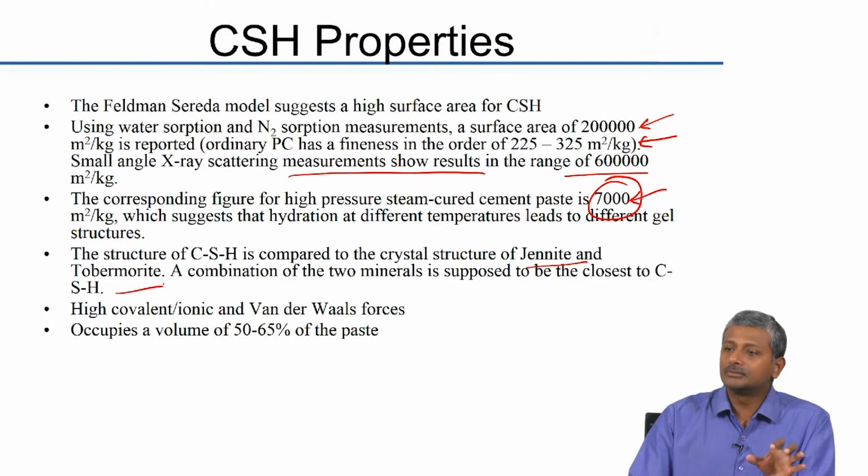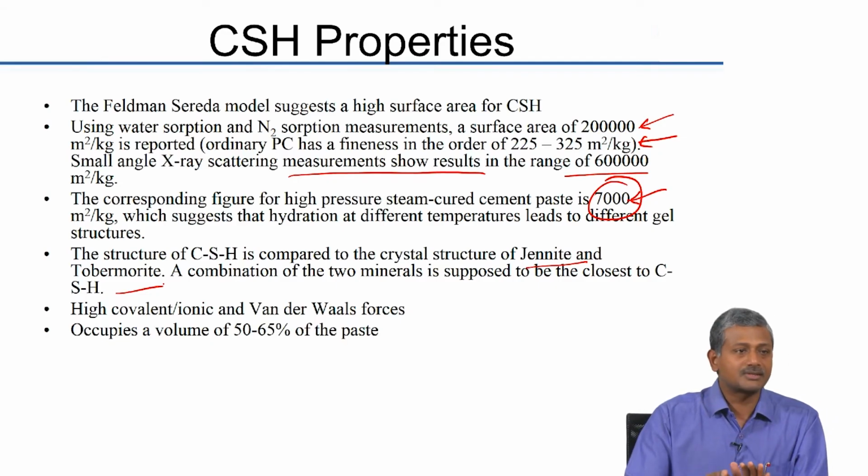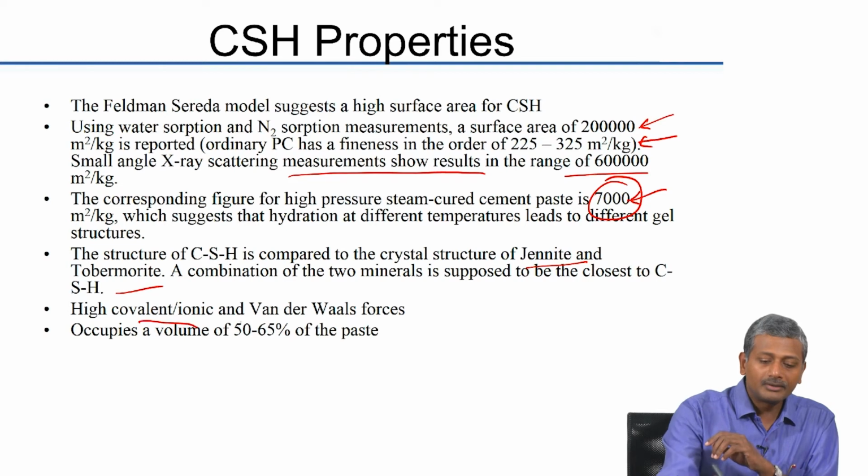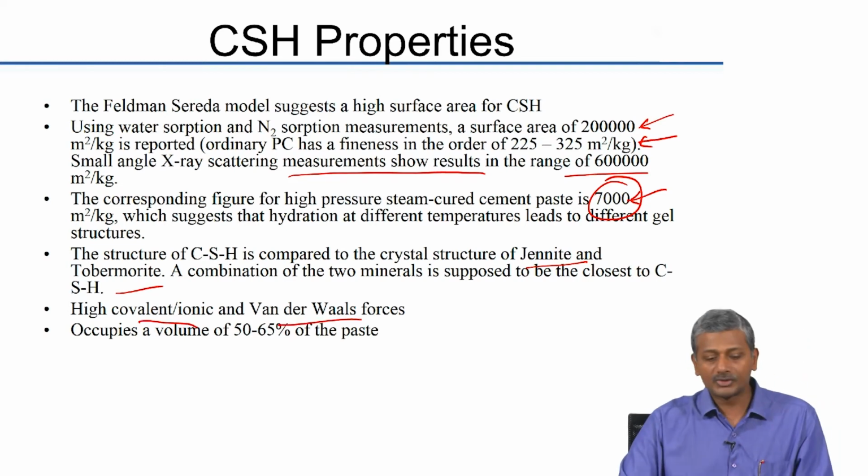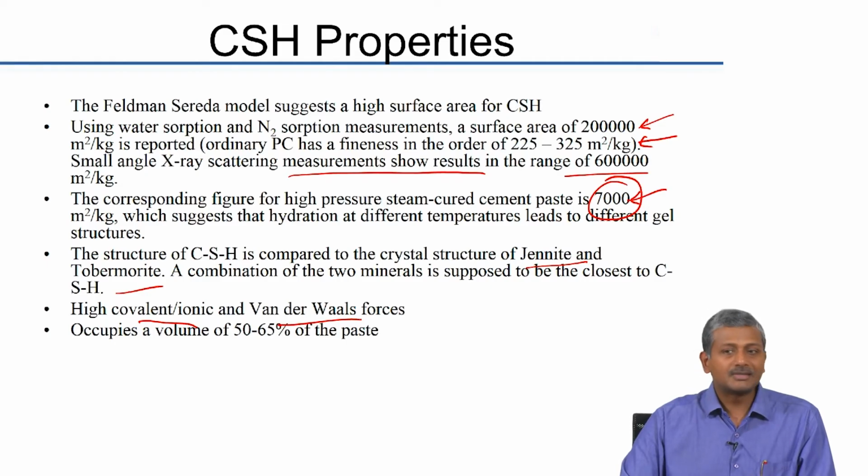So again, this sheet structure obviously suggests that there are going to be very high either covalent or van der Waals forces, and the volume occupied in the paste is typically more than 50% of the paste. Very large amount of the paste is occupied by CSH.